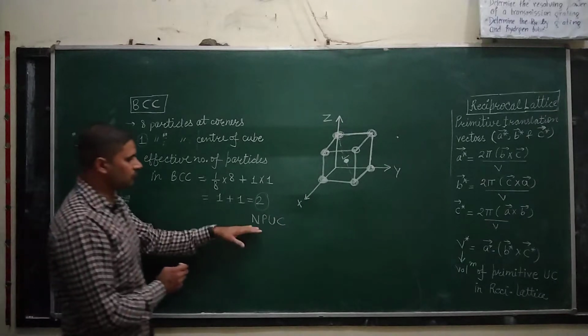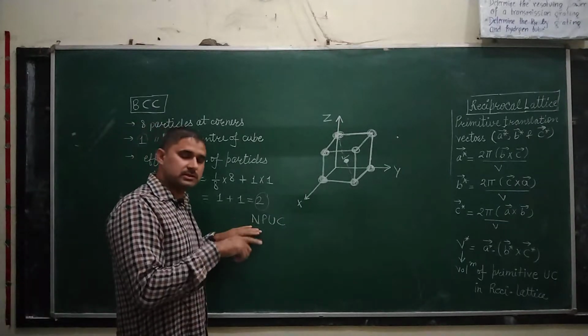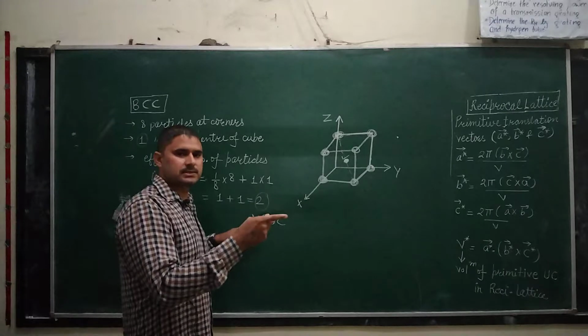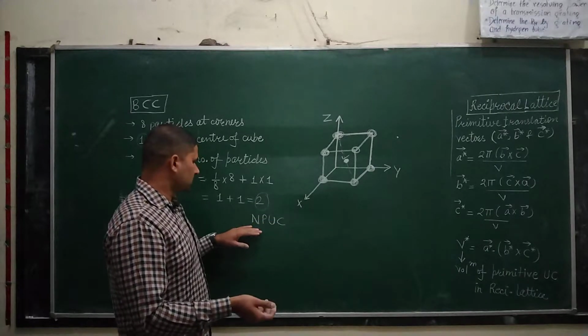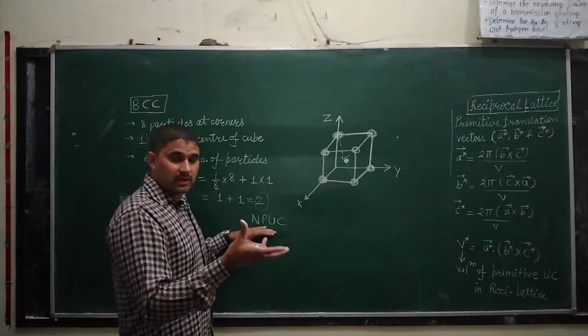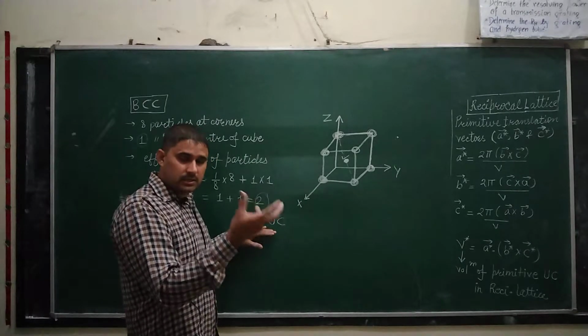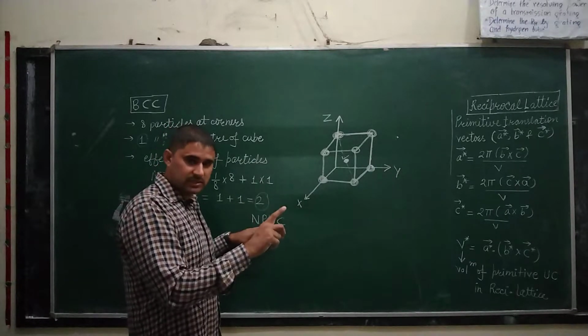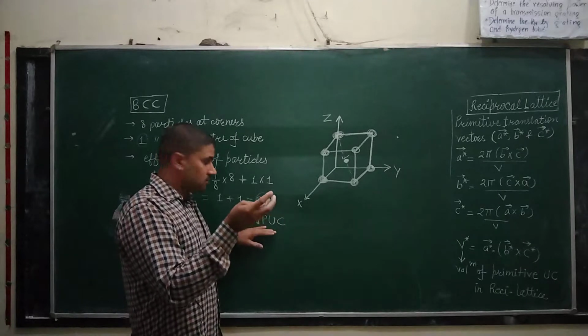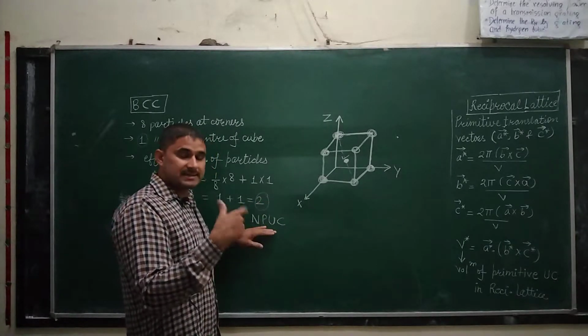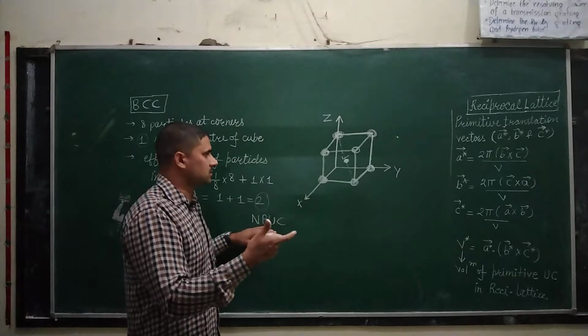Okay, and we are to find the translation vectors of the primitive unit cell. Mean to say we are to find such a cell whose volume is minimum and the contribution of particle is unity. Okay, and the primitive unit cell is made by primitive translation vectors.